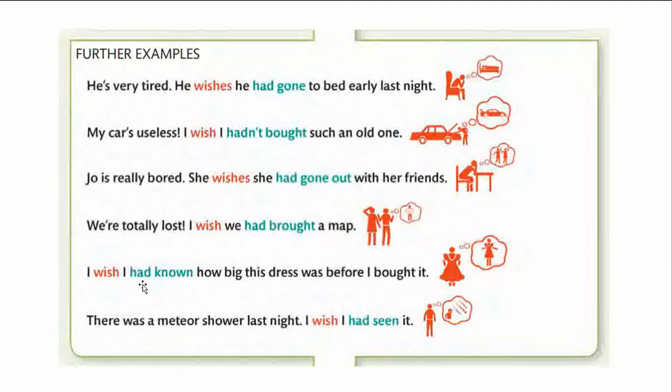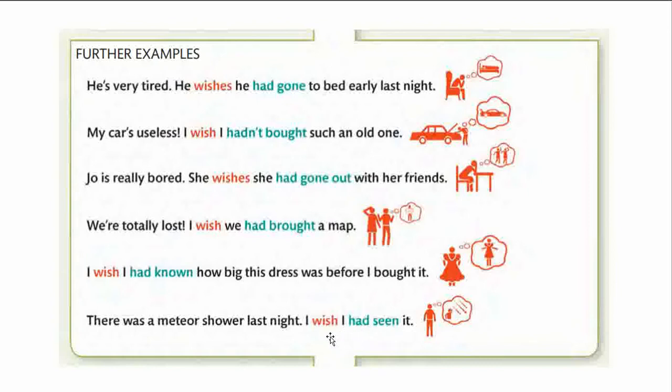I wish I had known. Know, knew, known. Third form is known. I wish I had known how big this dress was before I bought it. Past perfect. There was a meteor shower last night. I wish I had seen it. Had seen is past perfect.